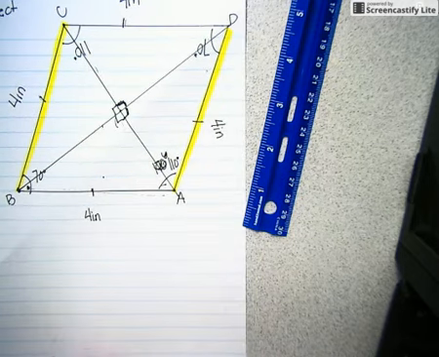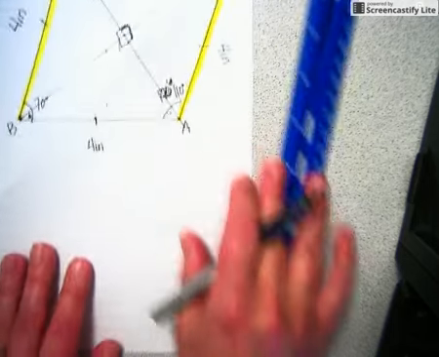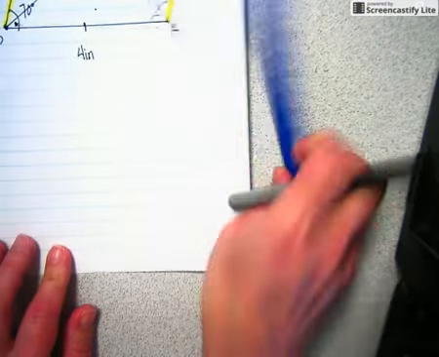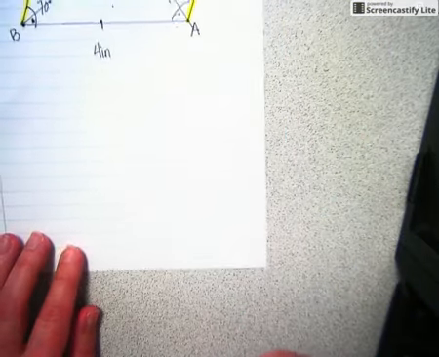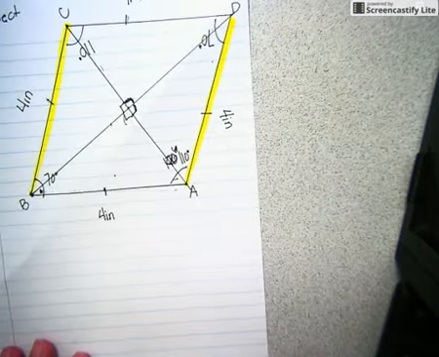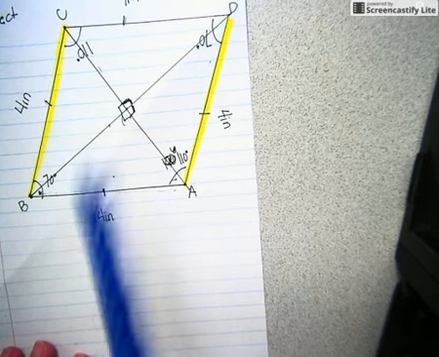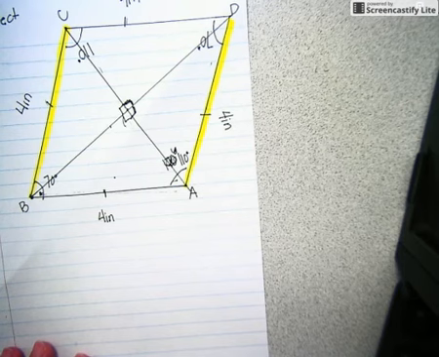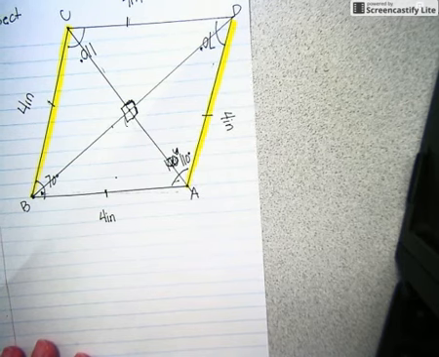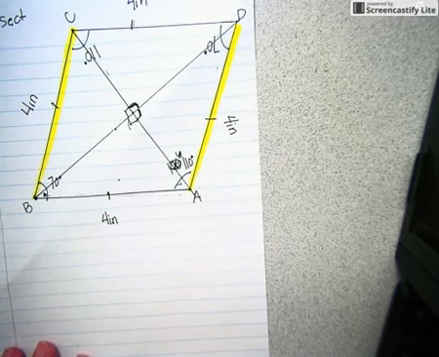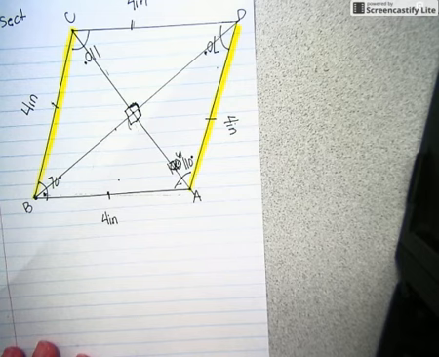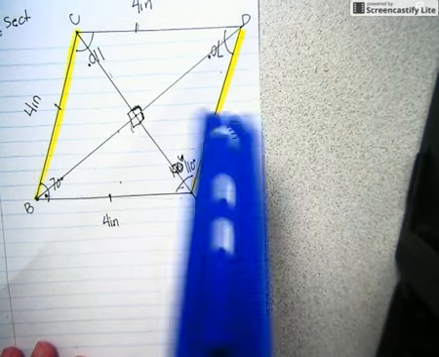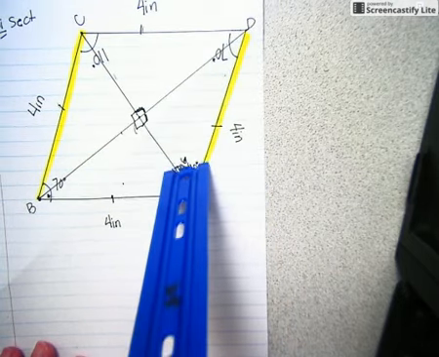So let's say that I wanted to draw another rhombus, but this time I wanted it to be a rectangle. What would have to change with this shape, with this quadrilateral? What would I have to change to make this a rectangle? So this guy's decided that he wants to be in the rectangle club. Okay, he doesn't want to be just a parallelogram.